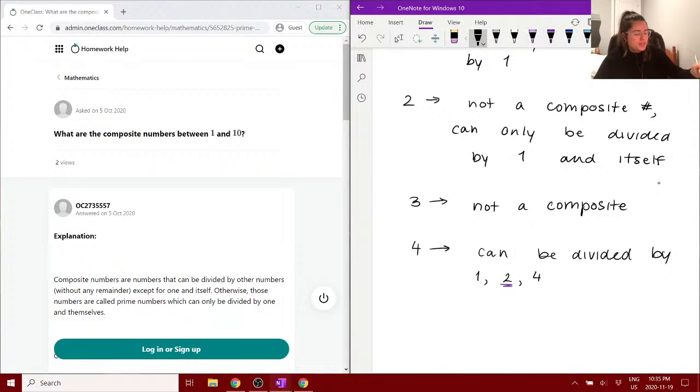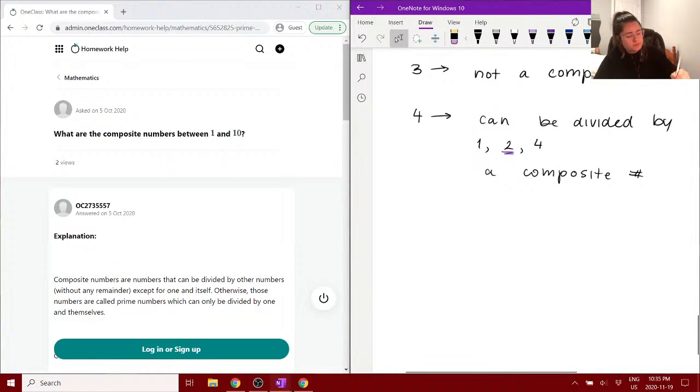So because it can be divided by a number other than 1 and itself, therefore it is a composite number.